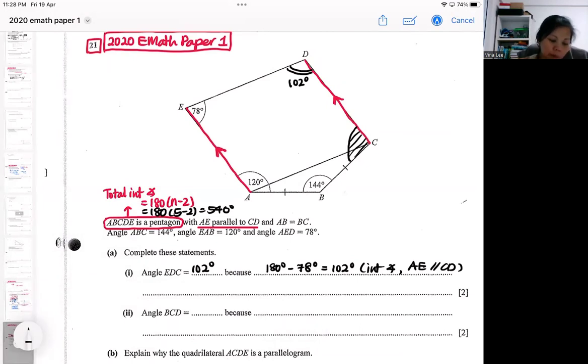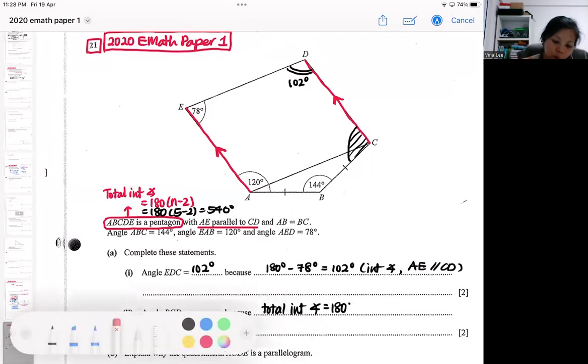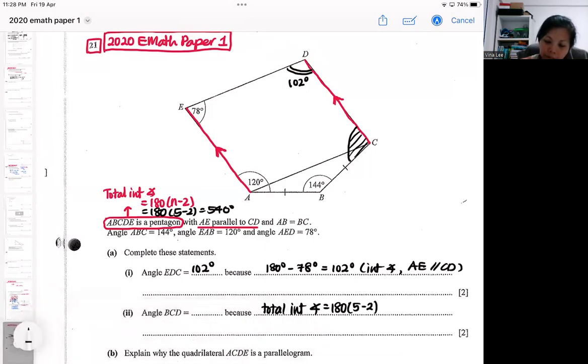So you present the total interior angle first, and then you find BCD by subtracting away all the other 4 angles that you have found, including 78. If nothing goes wrong, you will get 96.